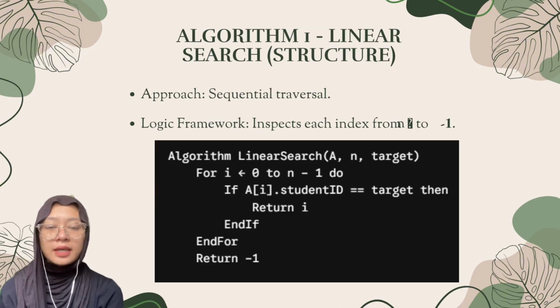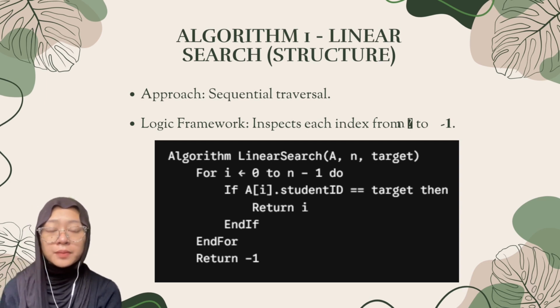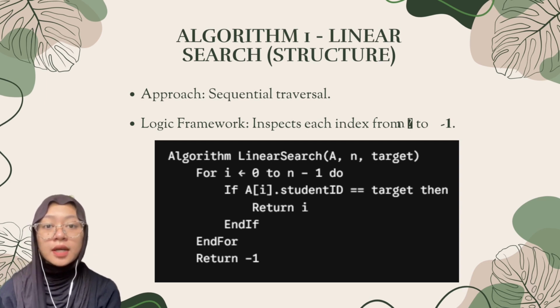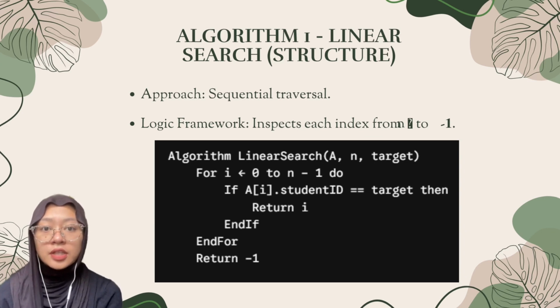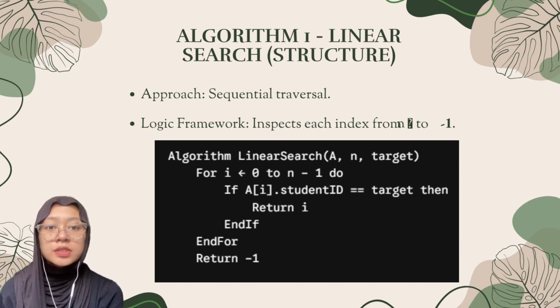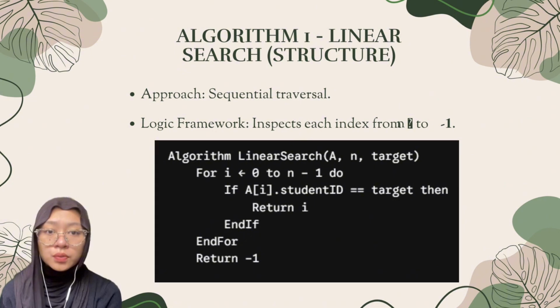Thank you, Ani. I am Nurul Ain Izzati and I will present the detailed design and performance analysis, starting with algorithm 1, which is linear search. Linear search utilizes a straightforward sequential traversal mechanism. As shown in the pseudocode, the algorithm deploys a standard for loop to sequentially evaluate every entry in array A from index 0 up to n-1.